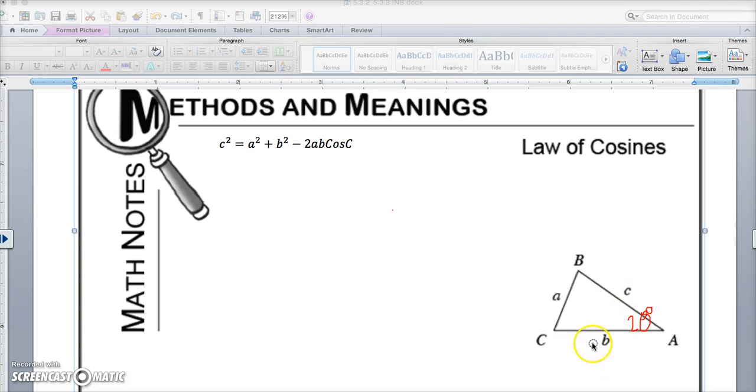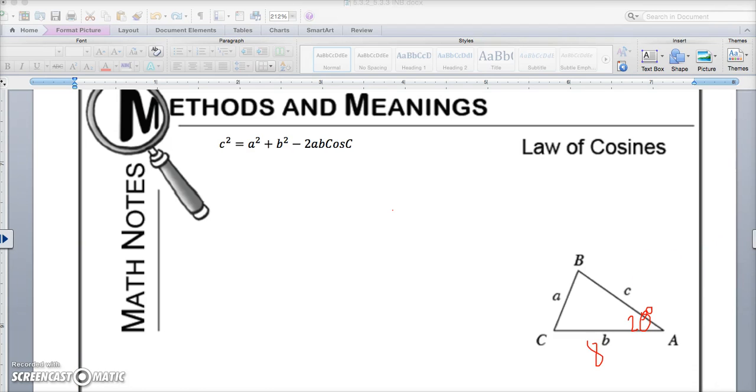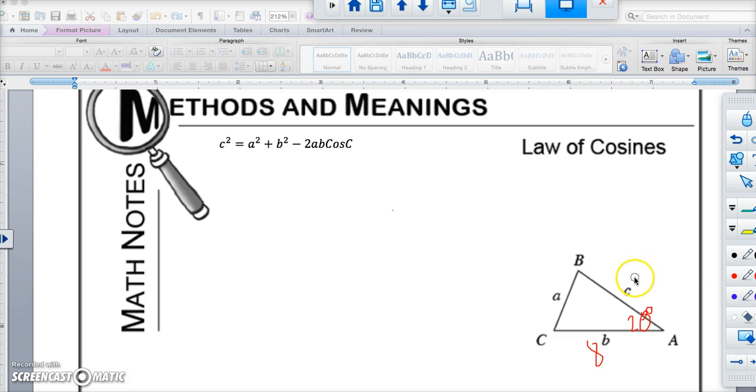And I know that this side is 8 and this side is, trying to make something logical here. That side is 7.